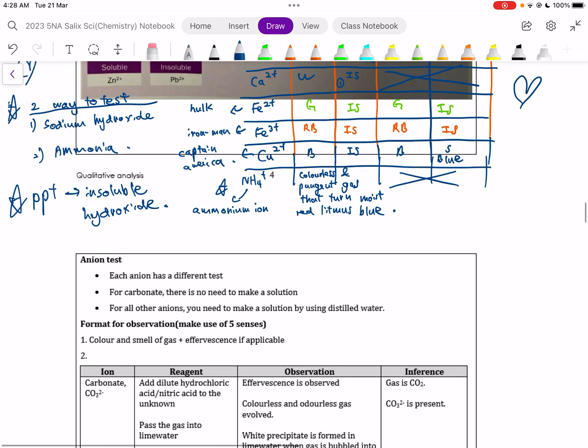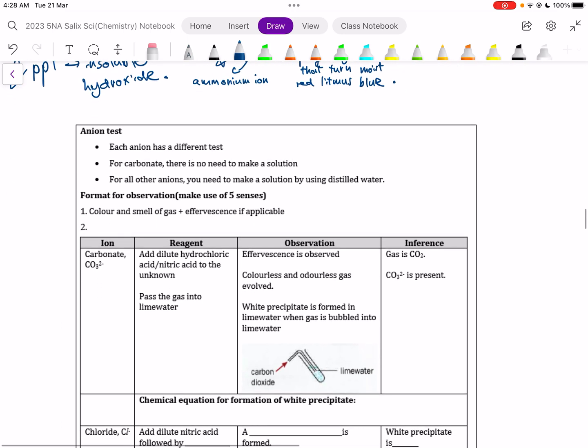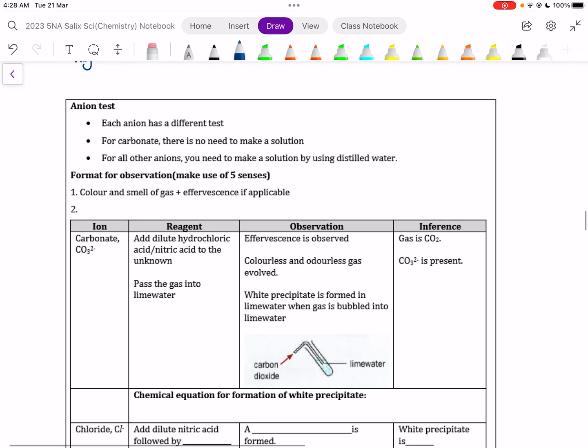So officially we start with the new thing, the anion test. Each anion test has a different test. For the carbonate, there is no need to make a solution. Remember earlier on we said that qualitative analysis, which is QA, you always perform on solutions.